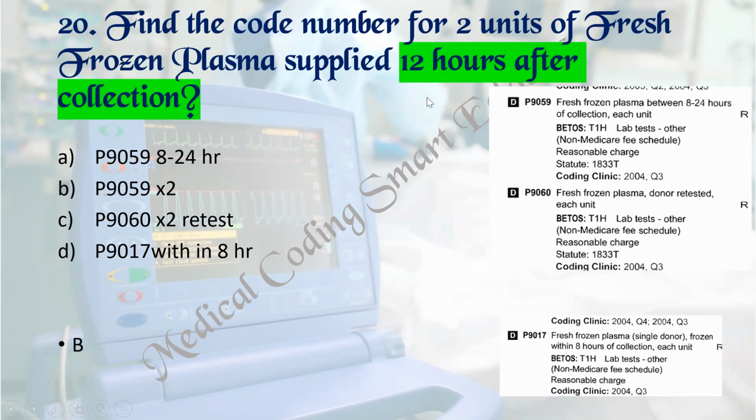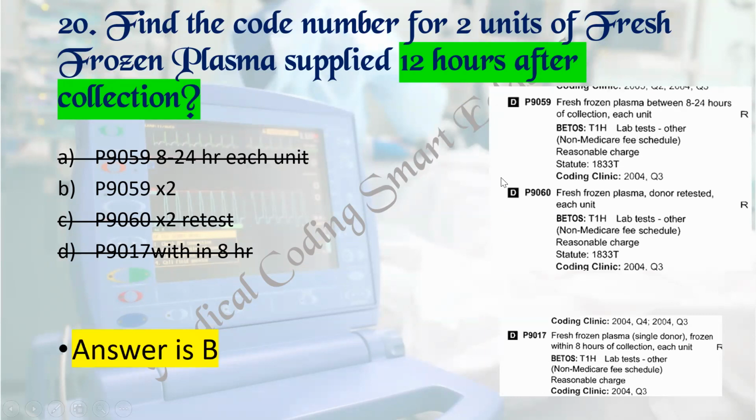So our question is 12 hours after collection. So it comes between 8 to 24 hours. And there are 2 units. Again we check, this is for each unit. So we have to put into 2 and option B is the answer.